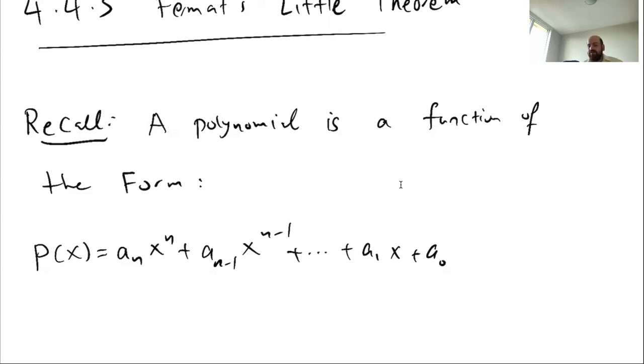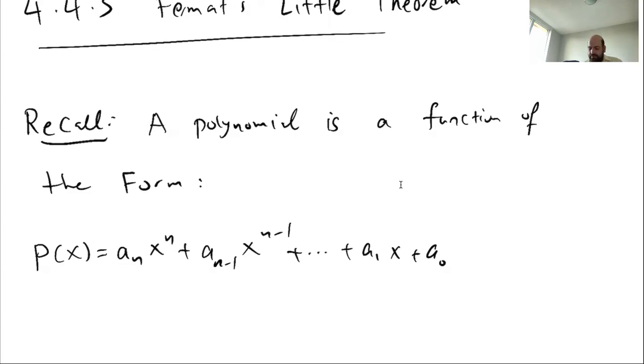For each prime number, the set 0, 1 all the way to p minus 1 is a set with p elements, and this is called Zp. Two numbers are equal in Zp if they are congruent mod p.